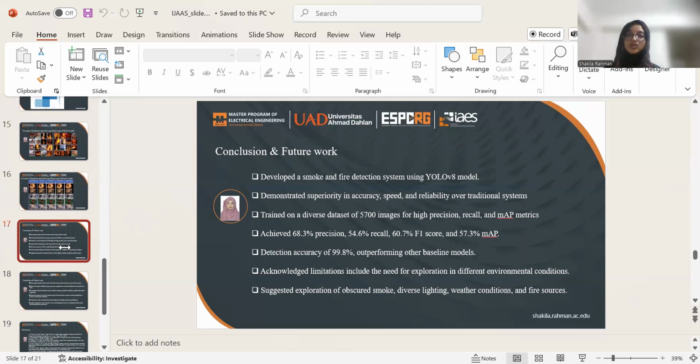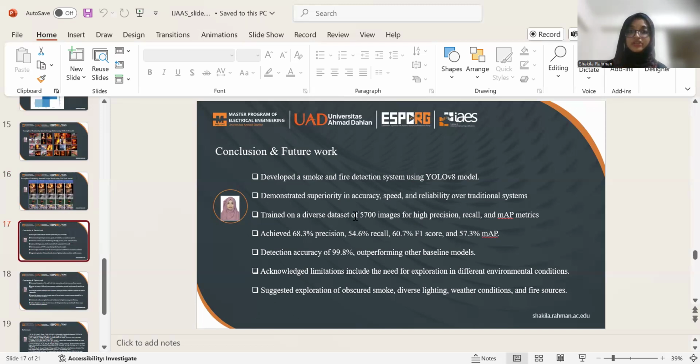Now moving to the conclusion and future work. We have developed a smoke and fire detection system using a YOLO-based model, which demonstrated superiority in accuracy, speed, and reliability over traditional systems. As I have already mentioned, in the traditional systems some CNN models or earlier versions of YOLO were considered, but in our case the YOLO v8-based model works better.